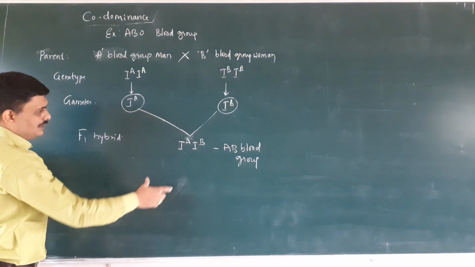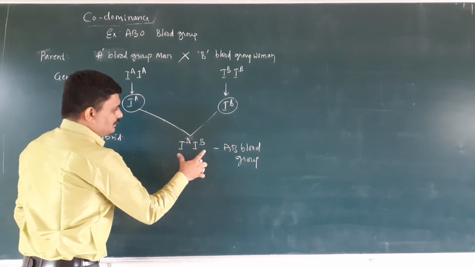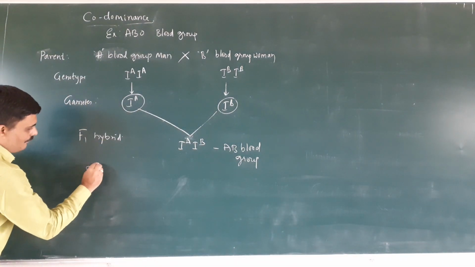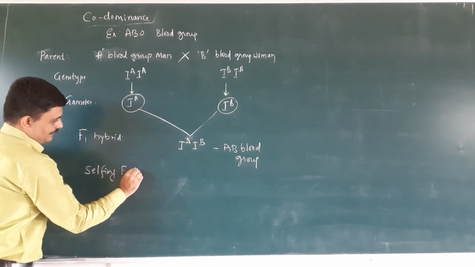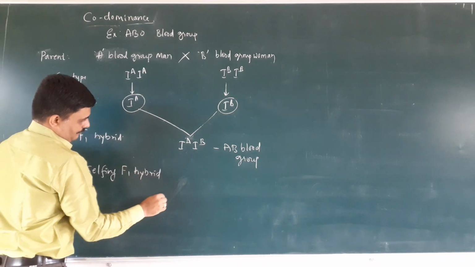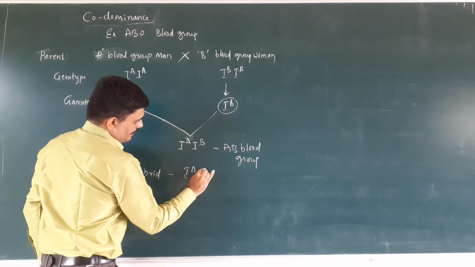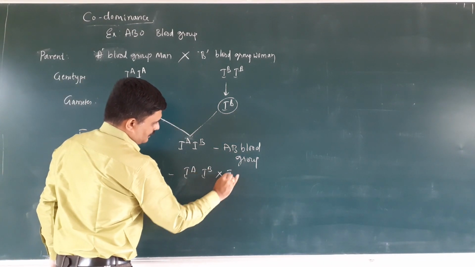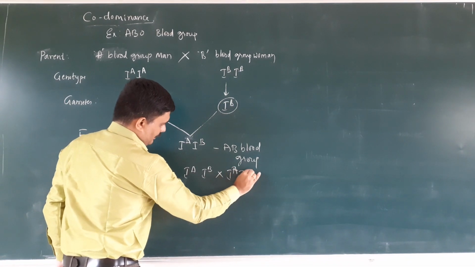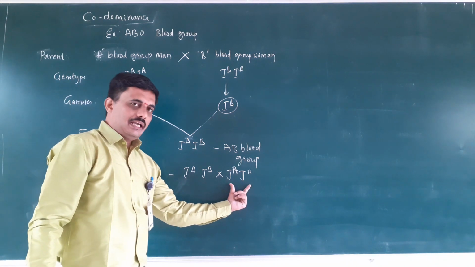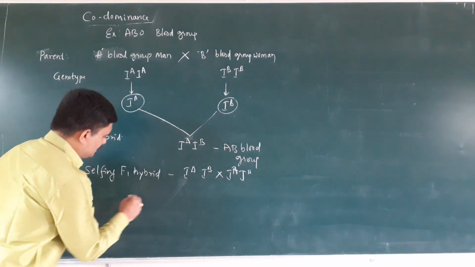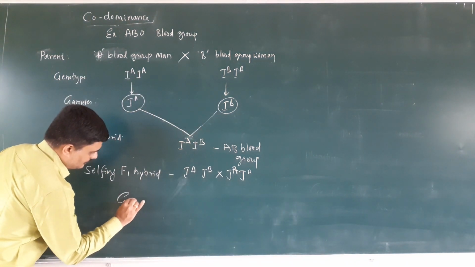Out of curiosity, if these F1 hybrids are self-crossed, IAIB crossed with IAIB, which means an AB blood group man marries an AB blood group woman, the genotypes are produced.